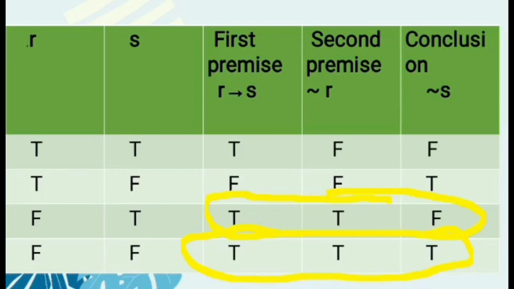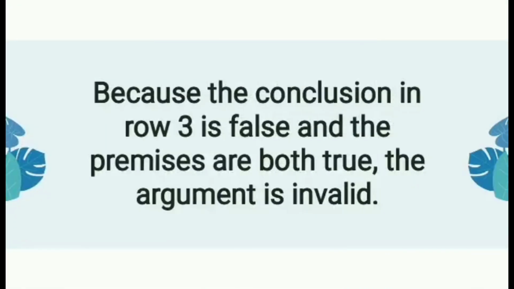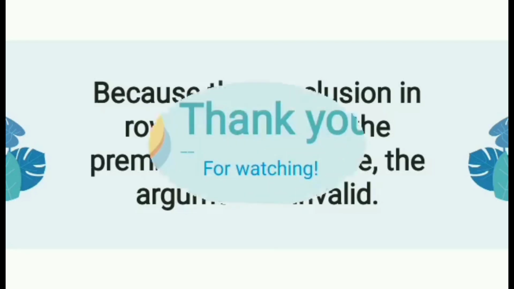Because the conclusion in row 3 is false and the premises are both true, the argument is invalid. So that's all. Thank you.